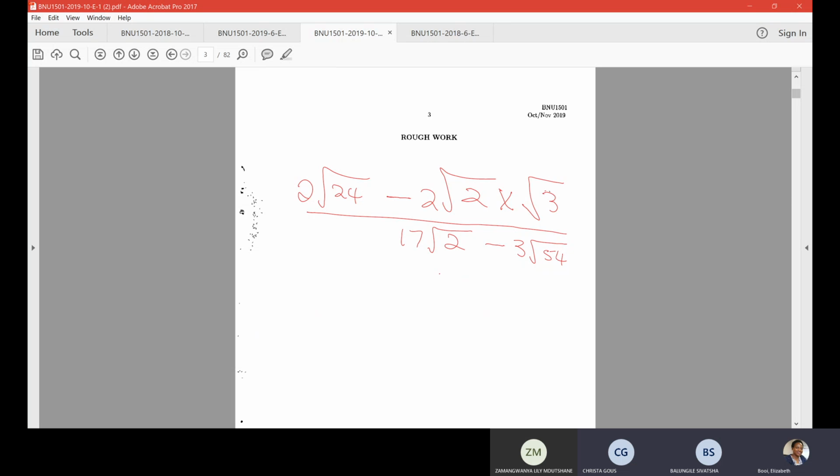This is one of the exercises we did yesterday from QM1. So you're not going to get this in BNU. So this is for QM1, which is more advanced than BNU. So in BNU, you get those questions straightforward. Yes. Okay, then I'm more at peace now. Thank you very much. Okay, no problem.